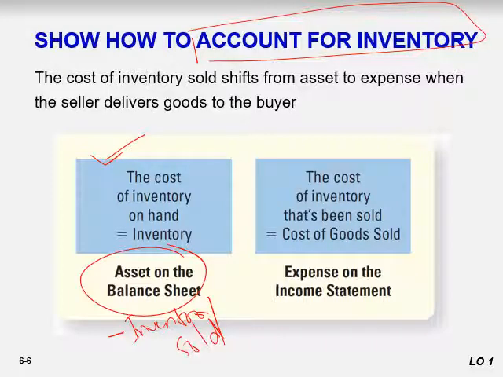So remember, this is the on-hand inventory, which you did not sell. The inventory that you did not sell will go to the balance sheet. The sold inventory is deducted from the balance sheet, and its cost becomes an expense. We call that cost of goods sold, and that would be an expense right after the sales, and it would be written on the income statement.